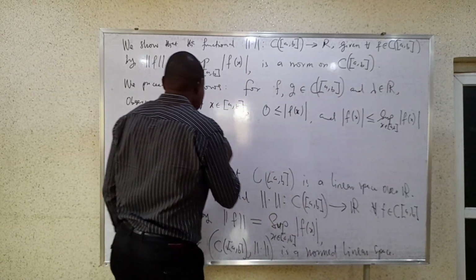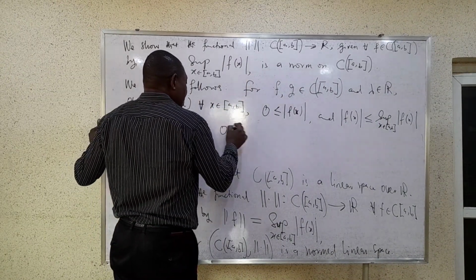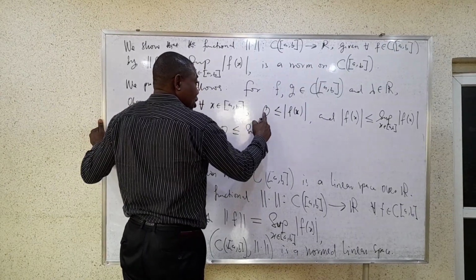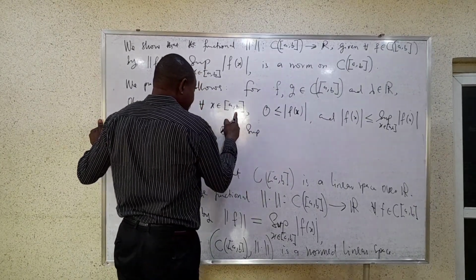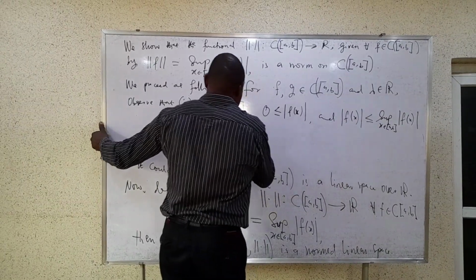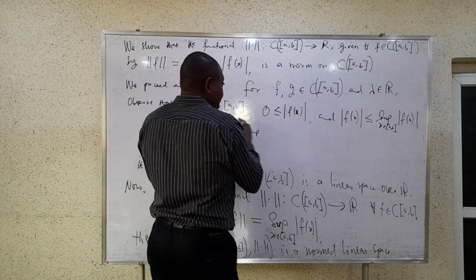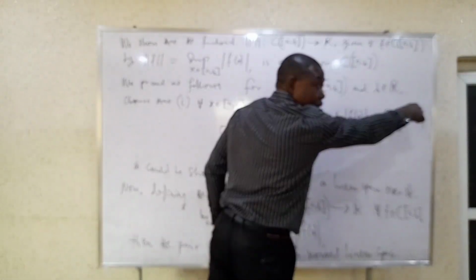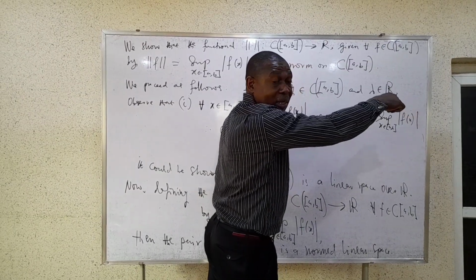Therefore, 0 is less than or equal to the supremum. Since this is true for all x in [a,b], and this is a number, so it's no longer dependent on x.